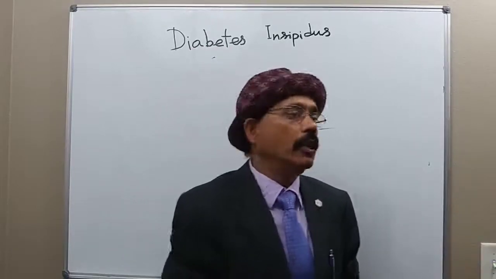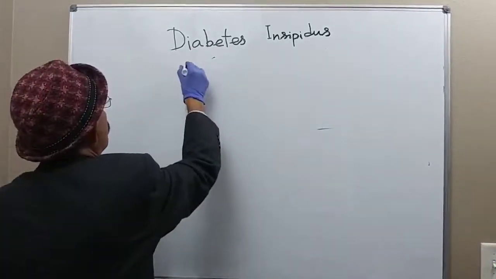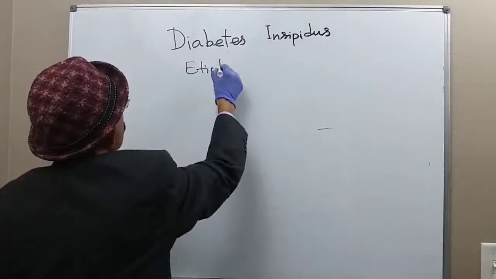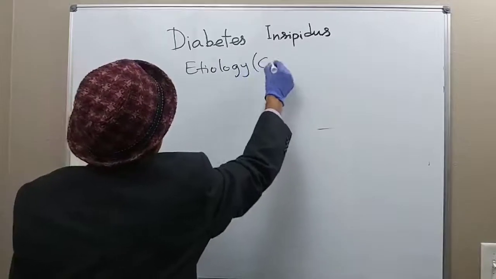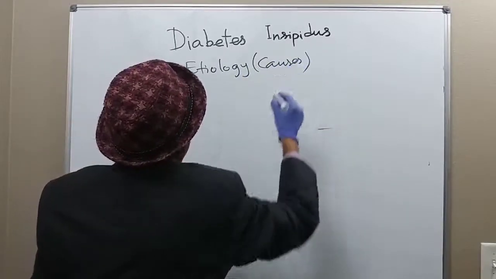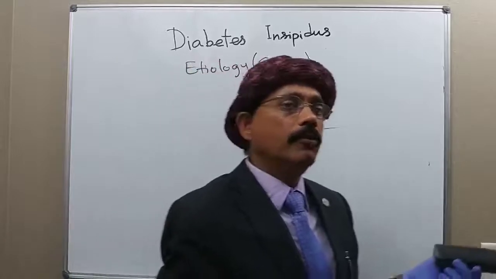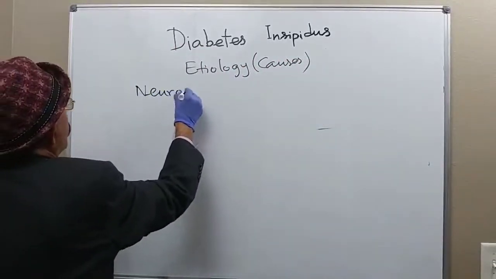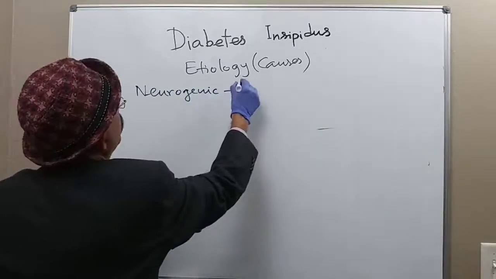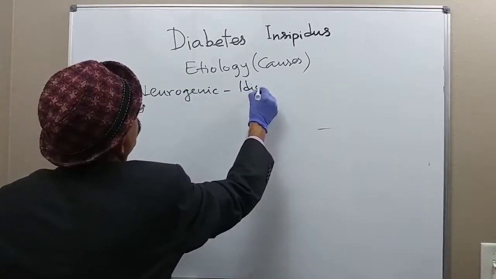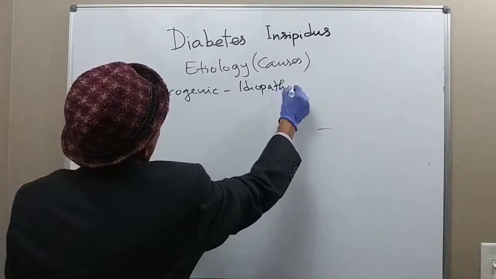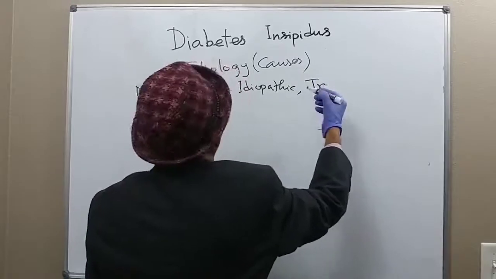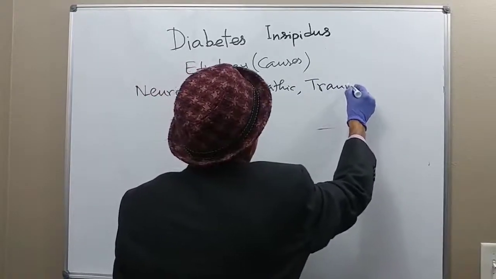Now we'll go to the etiology, the causes of diabetes insipidus. Again, first the neurogenic cause. It may be idiopathic, meaning we may not know the cause. It may be due to trauma to the brain or the hypothalamus.